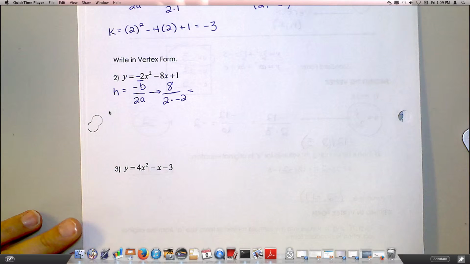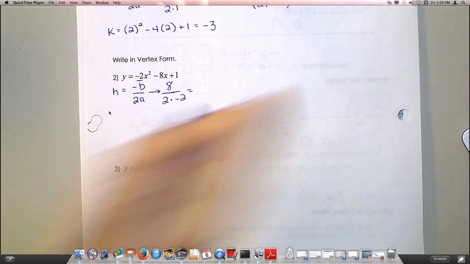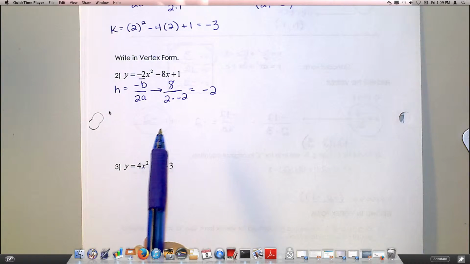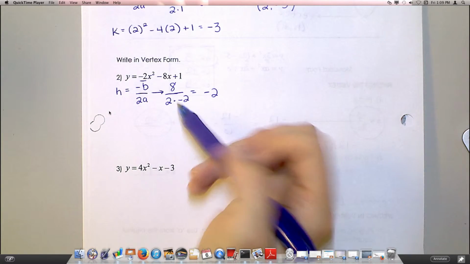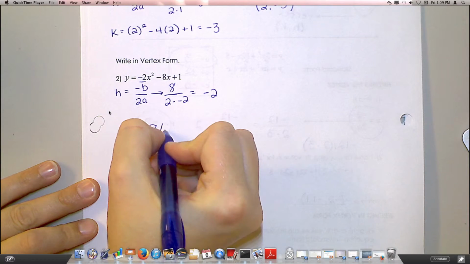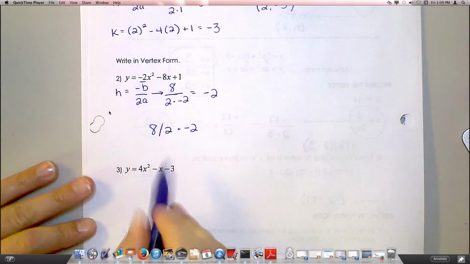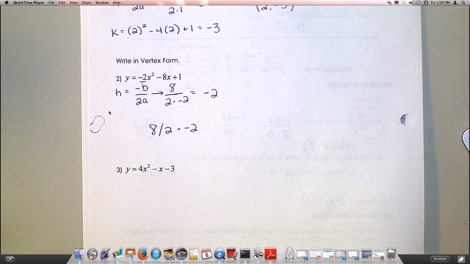Type it in. -8? -2. If you got -8, here's what you did: 8 divided by 2 times -2, because 8 divided by 2 is 4, and 4 times -2 is -8.